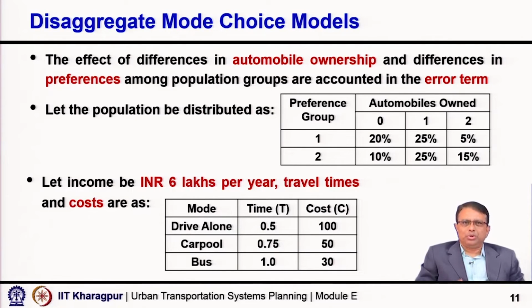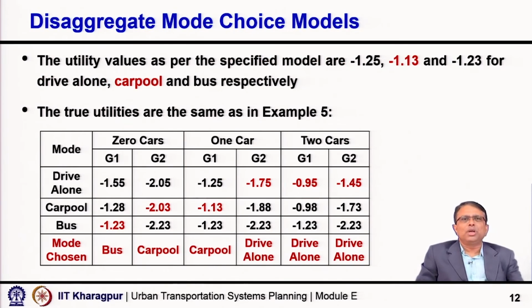And if we consider that income is 6 lakhs Indian rupees per year and the travel time and travel costs are like this, then you can easily calculate that as per the deterministic utility equation, what the modeler considered, the utility values are minus 1.25, minus 1.13 and minus 1.23 for drive alone, carpool and bus respectively.